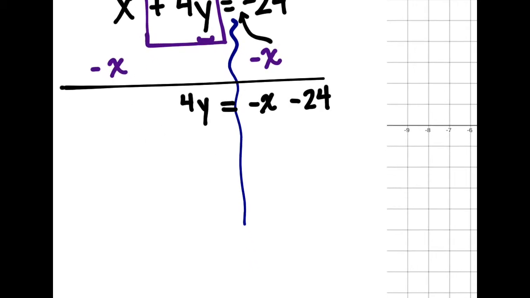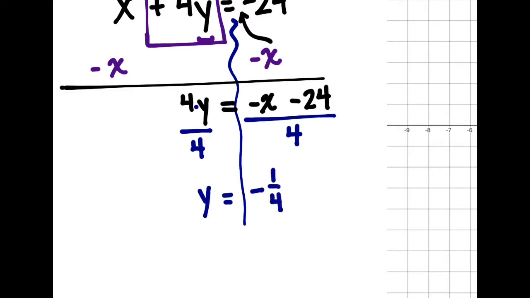And then I'm going to divide both sides by 4, because it's 4 times y, and you undo multiplication using division. So divide by 4. So y equals negative 1/4 x, because there's a 1 right here.